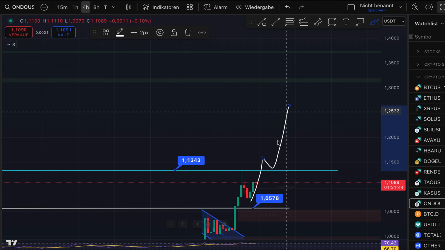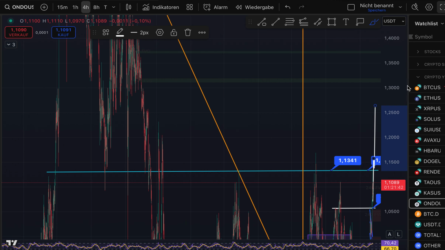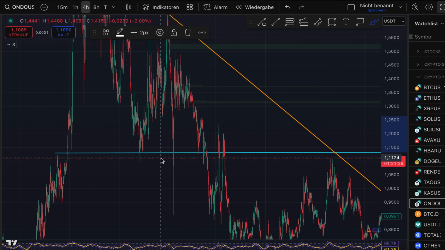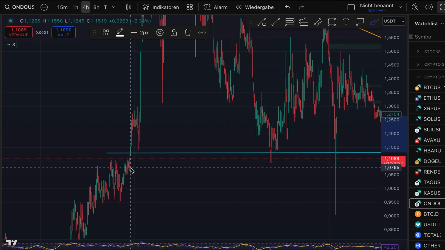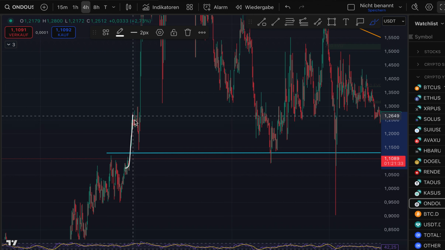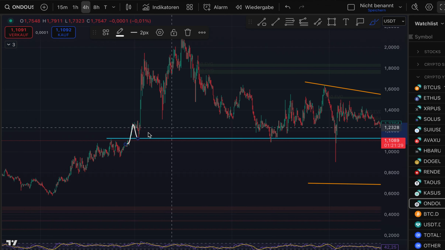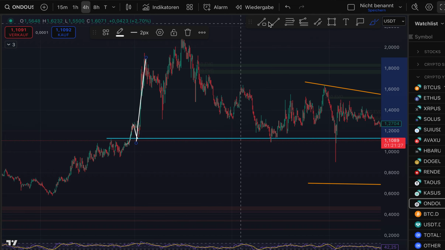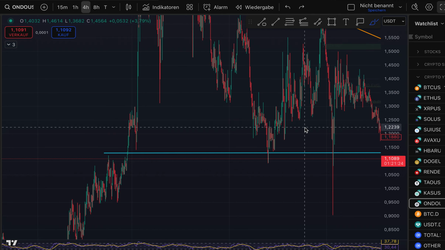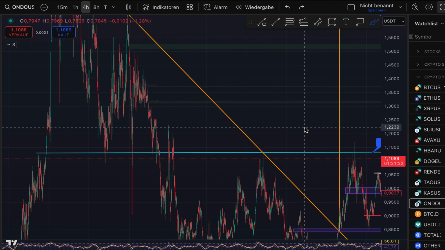And then we get the push, like we have seen in the past, where we finally broke the $1.13 to the upside, got back to that level, and the push happened. So, do your own research, look into the chart.